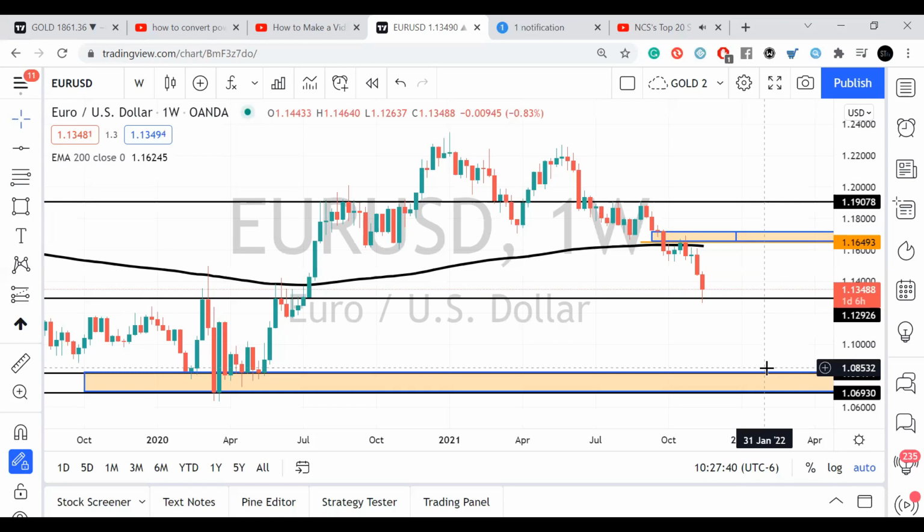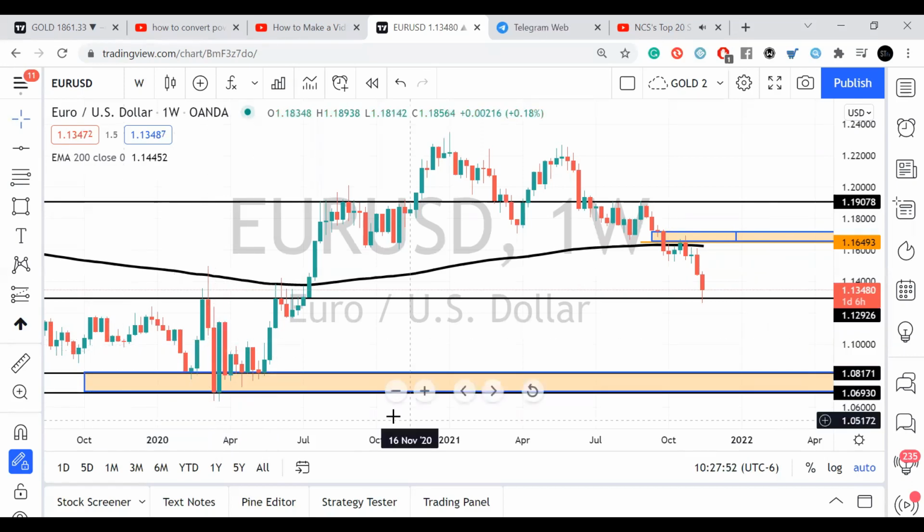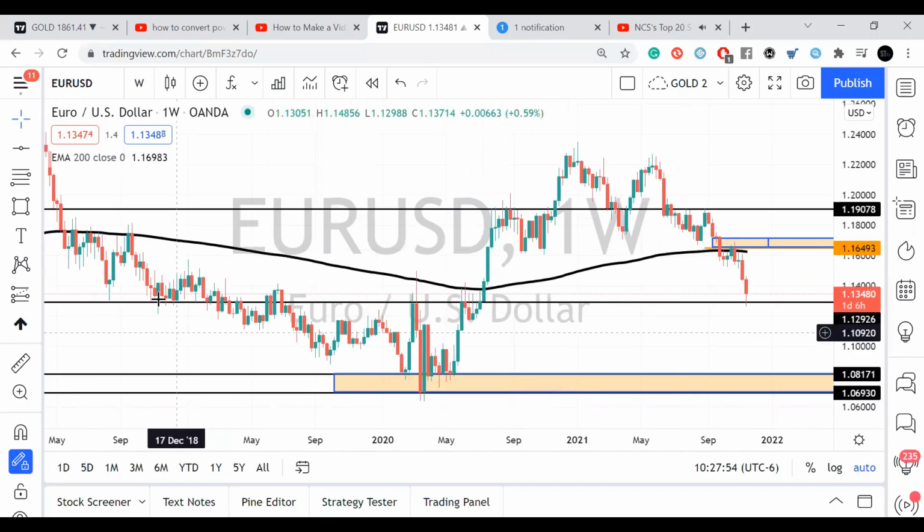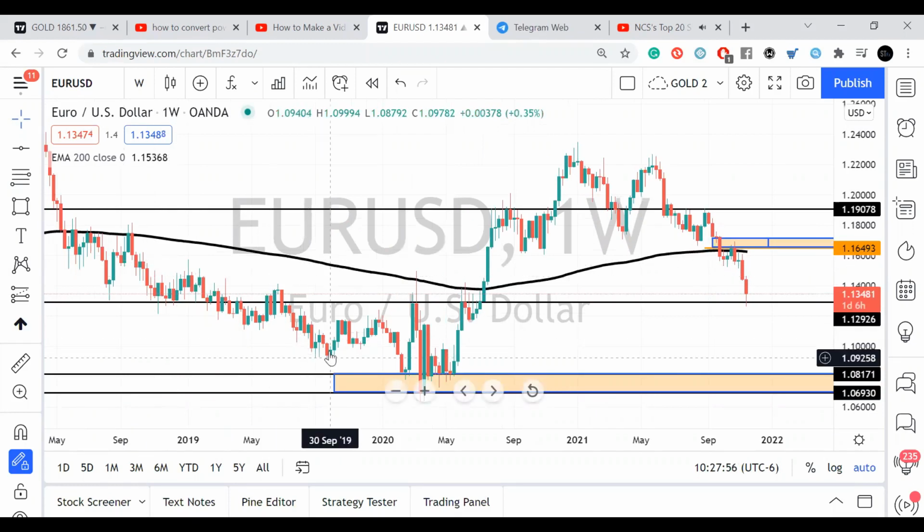Next place we expect price to come to might be here. Price came here, pushed up here, dropped, pushed up, dropped. Then from here, price pushed up. So this is our next place here.